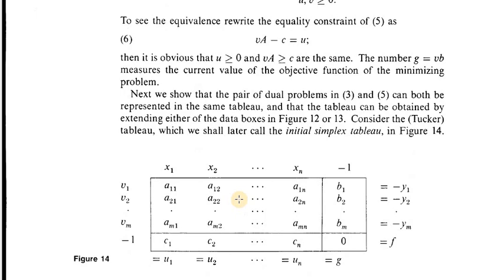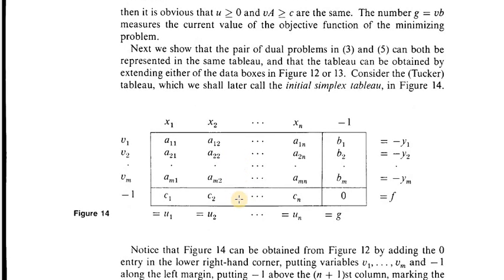So that brings us to this box here. All right, so what does this box mean? We can read this box in two ways. We can read it as a maximization problem or as a minimization problem. In the maximization problem, the x's are the variables. So as we read across, we multiply these variables by each one of these rows. So we have x1 a11 plus x2 a12 plus dot dot dot plus xn a1n minus b1 equals minus y1.